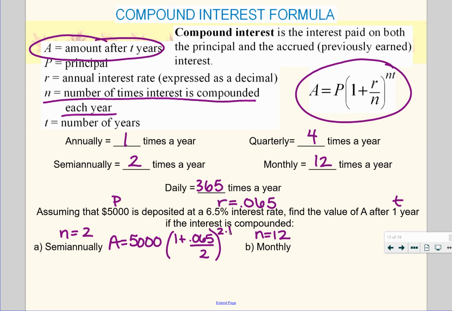So no need to worry about rounding or anything until the very end. And you should get $5,330.28. So double check that you can get that number okay.